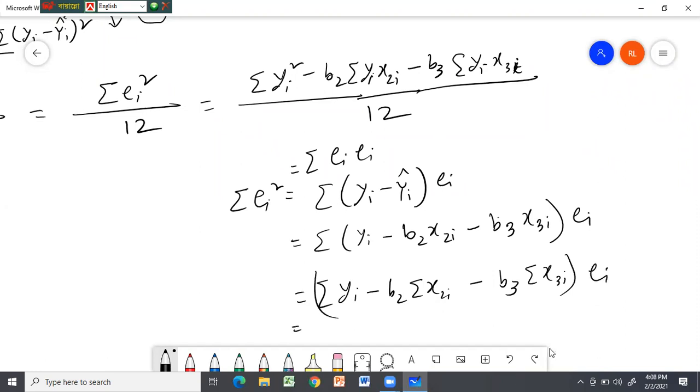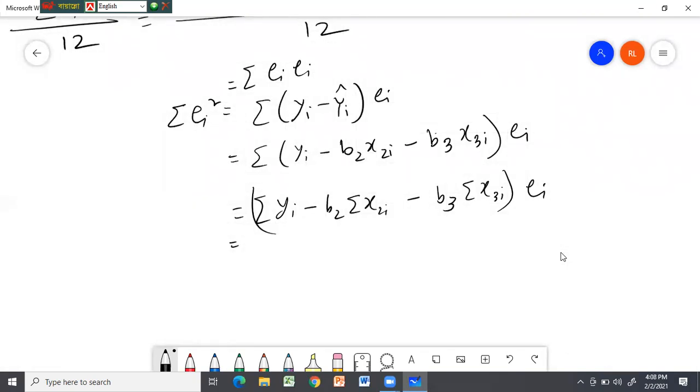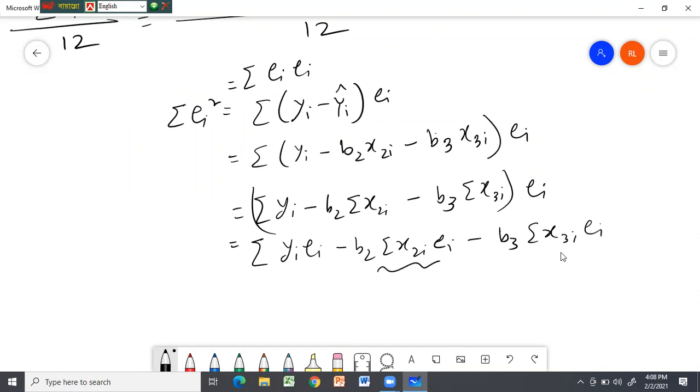Now multiply it with the whole function. So this portion has become 0. Why?